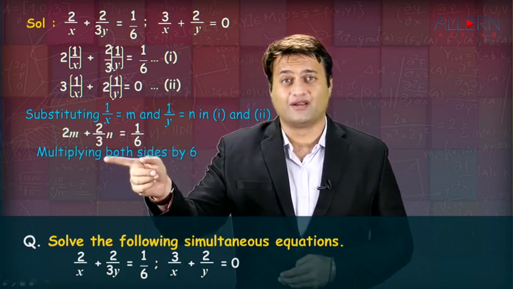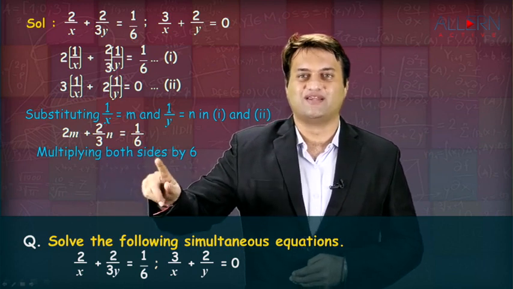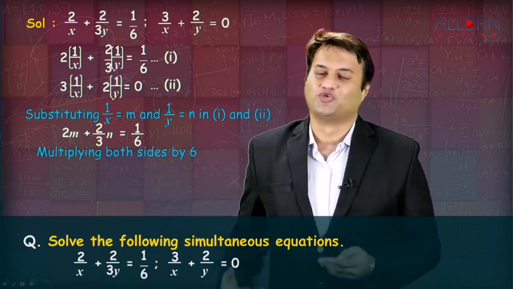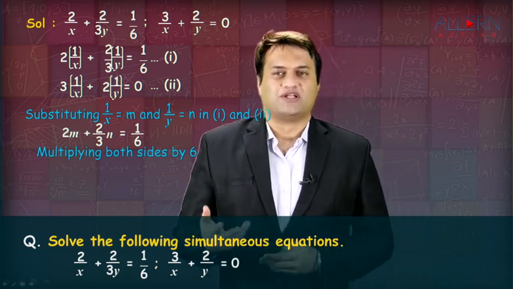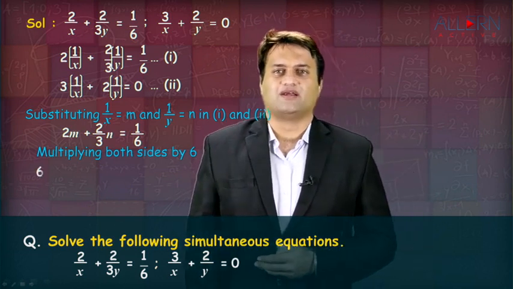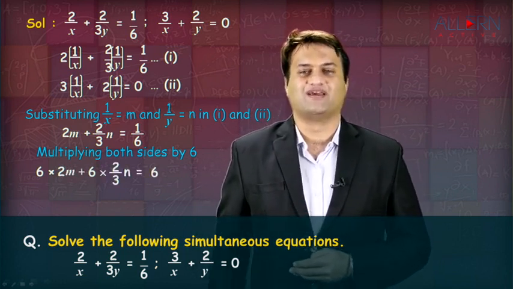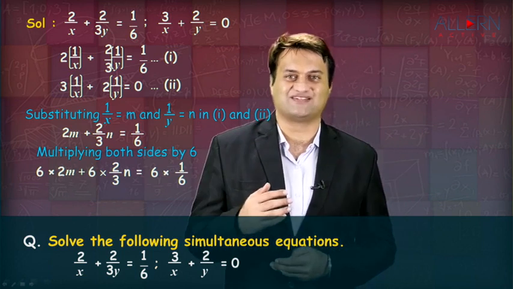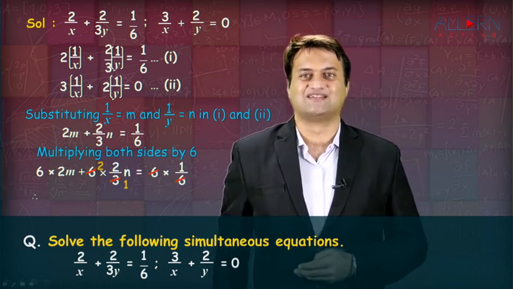Now again there are denominators, but this time there are numbers in the denominators. The denominators are 3 and 6, so we need to multiply throughout by 6, the LCM, something which we have learnt. So let's multiply throughout by 6. What we get is 6 into 2m plus 6 into 2 upon 3n is equal to 6 into 1 upon 6. 3 2s are 6 gets cancelled, 6 1s are 6.